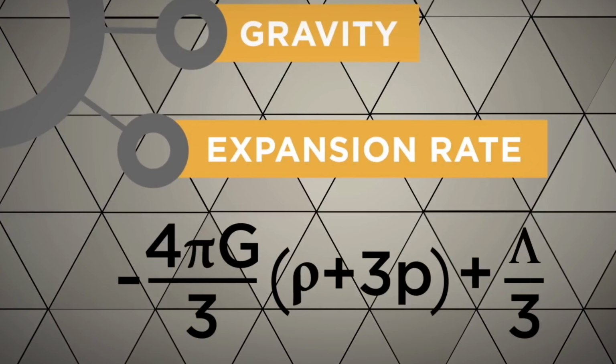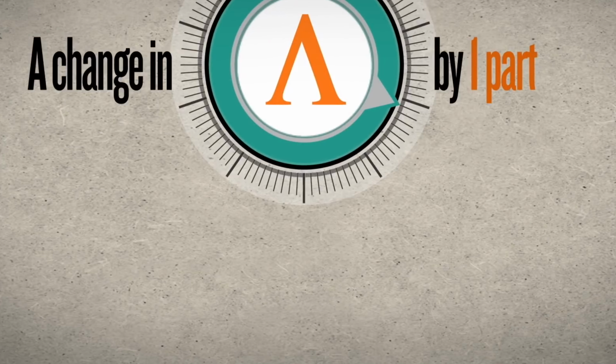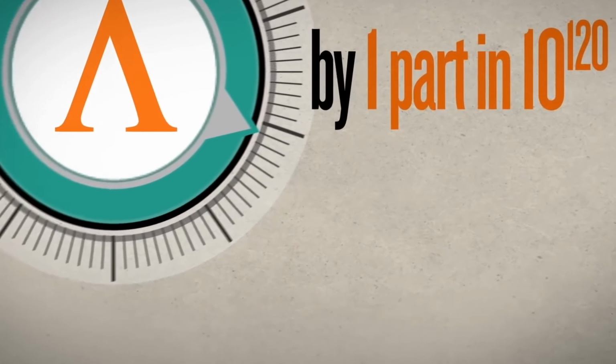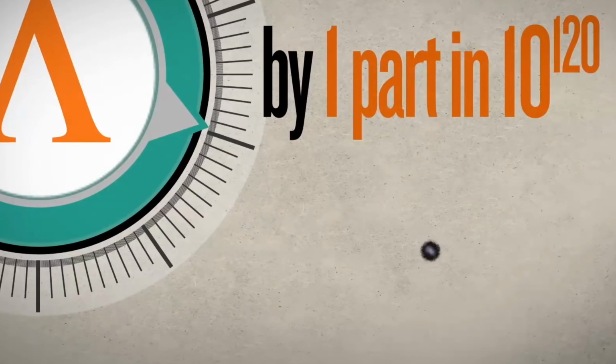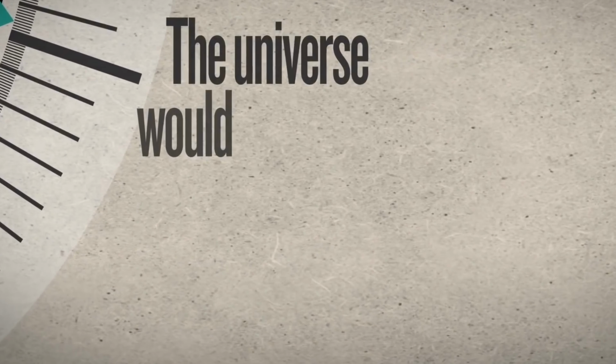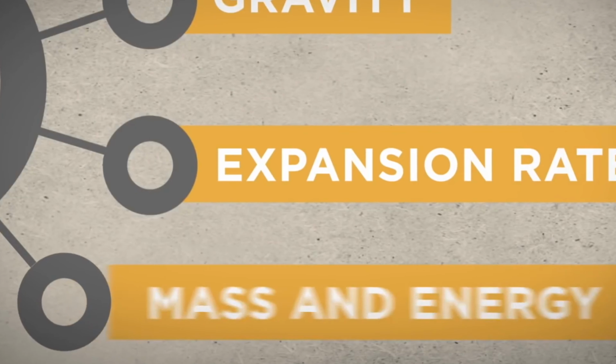Or consider the expansion rate of the universe. This is driven by the cosmological constant. A change in its value by a mere 1 part in 10 to the 120th parts would cause the universe to expand too rapidly or too slowly. In either case, the universe would again be life-prohibiting. Or another example of fine-tuning.